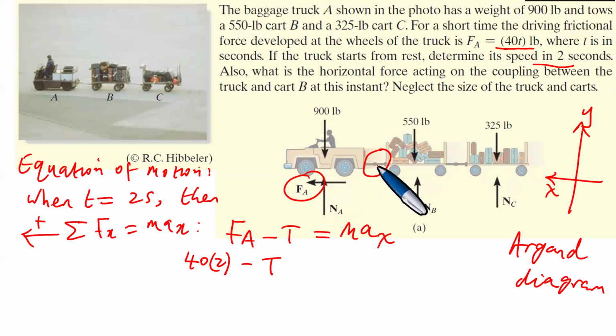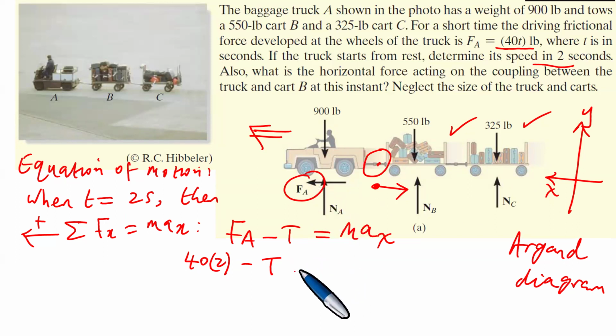Remember that when the truck is pulling, the truck is in that direction, the tension is the other way. These two are in opposite directions. They are wrestling with each other. The trailer is pulling the truck to the back when the truck is trying to pull everything. It's pulling the two cars, the two trailers, from the back. But also by Newton's third law, this is a pull and drag situation. An action-reaction pair of forces is involved at the point of contact of the truck and the carts.